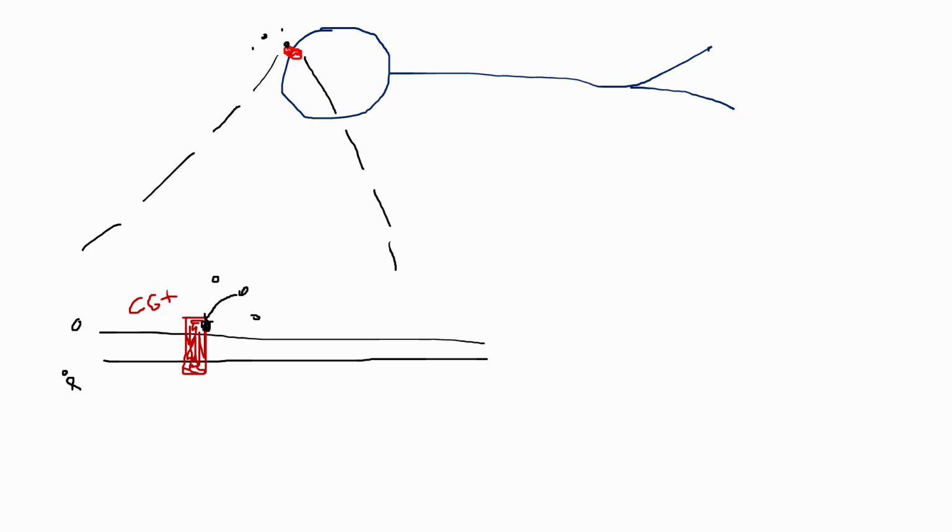Now, because of our sodium-potassium pump, I'm going to just draw this over here, right? And we're going to say this is our sodium-potassium pump. So remember, that's primary active transport. We're using energy to move these ions in different directions. So we're going to move potassium into our neuron. We're going to concentrate it there.